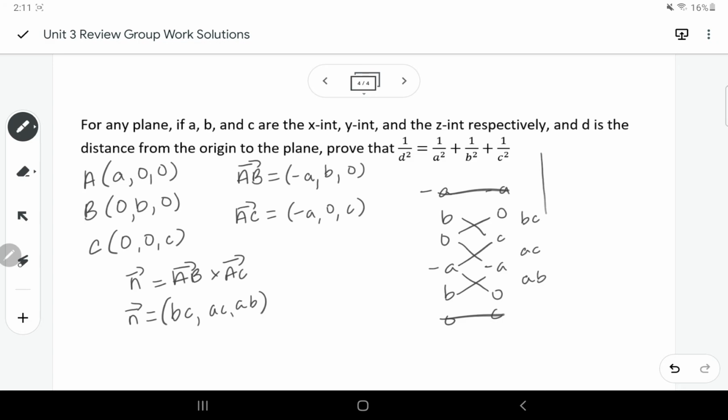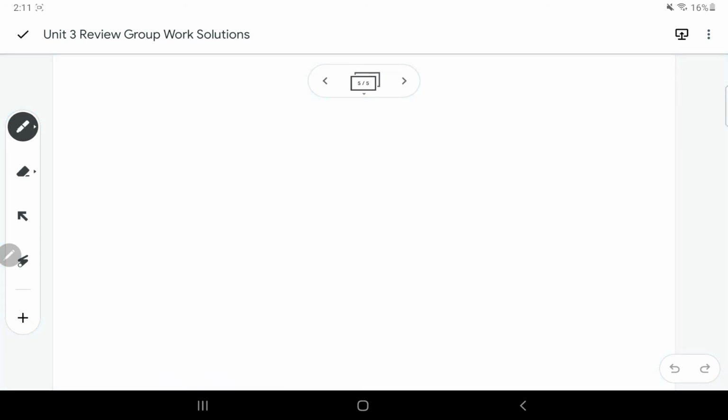I can figure out what the Cartesian equation of the plane is. So, write down my normal. We had BC, AC, and AB.